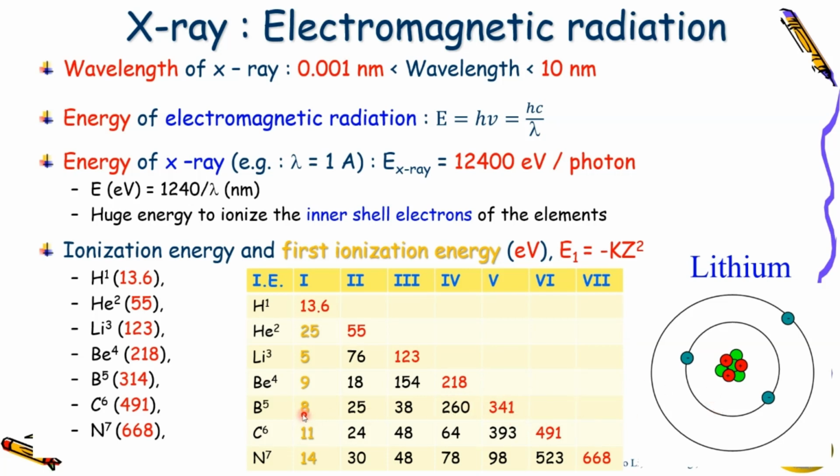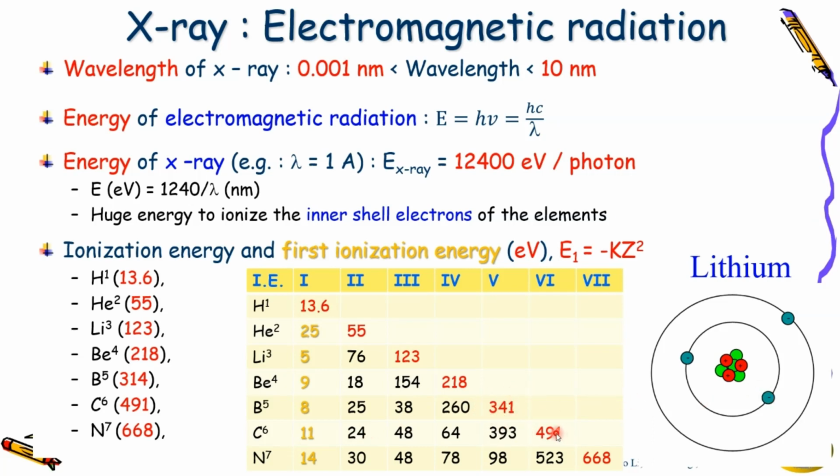Once you take out 4 electrons, you only have 1 electron left, which represents the highest energy, right? This is the highest energy. It always happens like this: the electrons in the innermost shell require the highest energy.